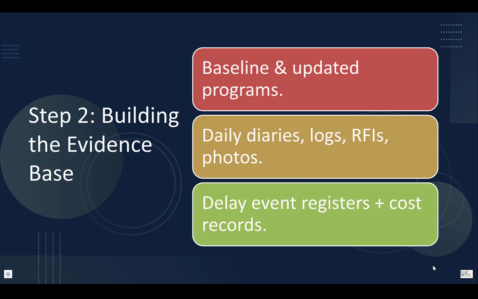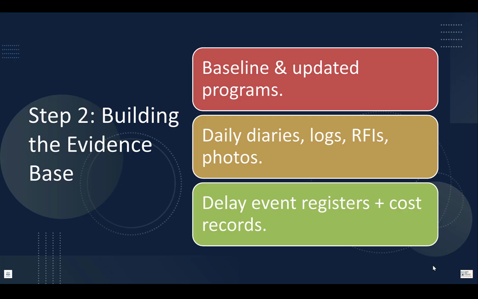Daily site diaries, manpower logs, equipment logs, site photos, inspection requests, material approval logs, RFI logs, emails and letters, meeting minutes, authority logs, testing logs, and anything of that sort. If there is no record, the delay does not exist in the eyes of the engineer or the DAB.